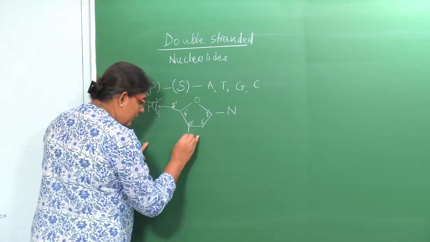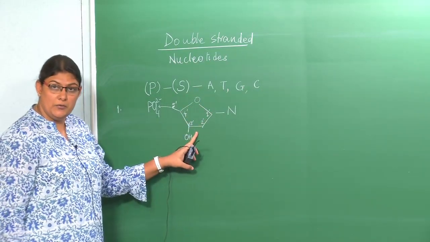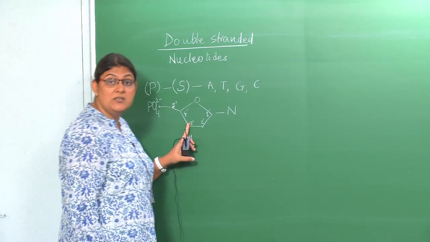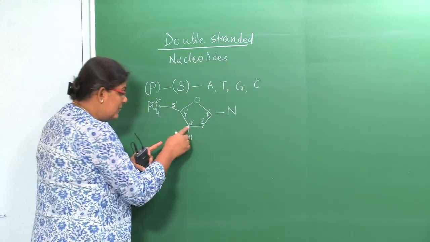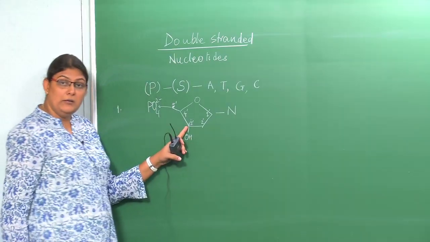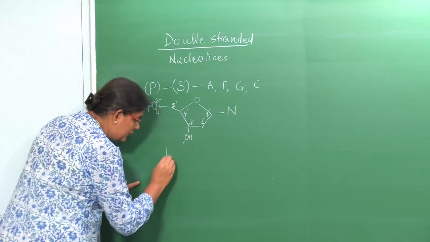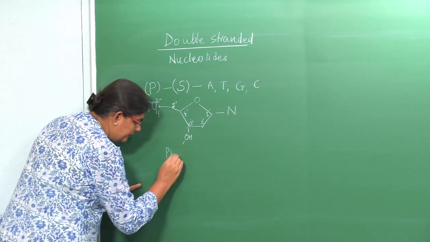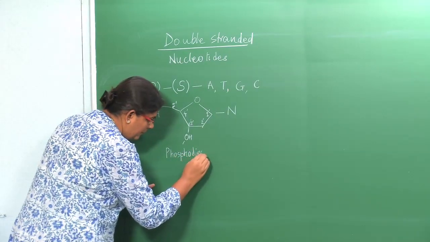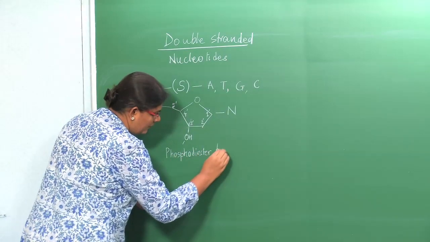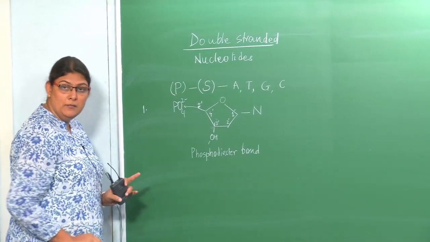Now, every time this nucleotide has to interact with the next incoming nucleotide, it is the hydroxyl group present in the third carbon of the pentose sugar, which is deoxyribose in this case, that has to interact. This hydroxyl group at the 3' carbon forms a phosphodiester bond with the next incoming nucleotide.